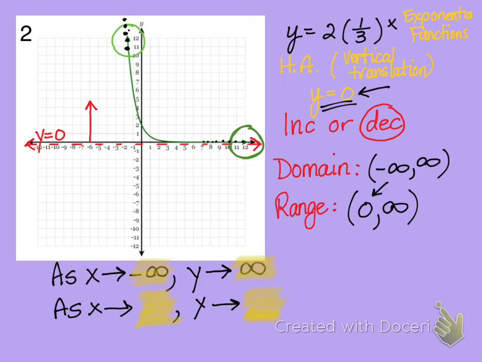Every single one of those x values keeps getting more and more positive, so I'm going to put positive infinity. What's happening to each one of those y values? They pretty much are not going anywhere. They're not going up or down. They're just staying at y equals 0. And that's my end behavior for the last part of the columns.